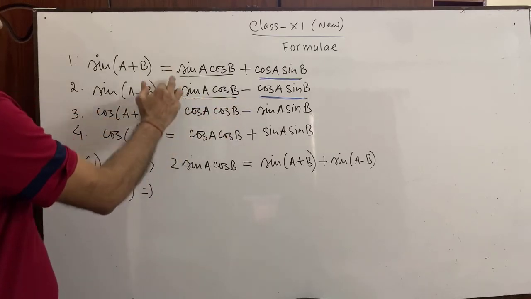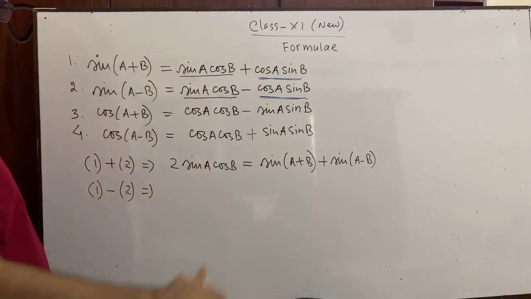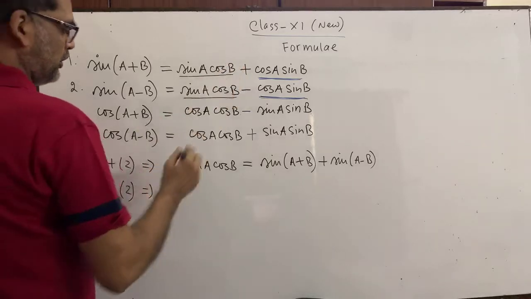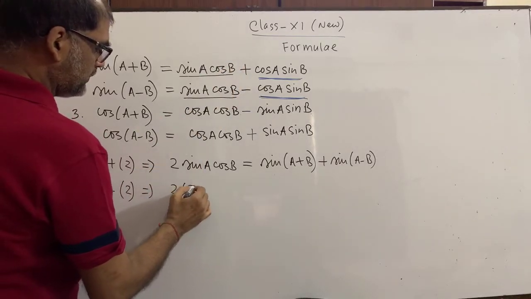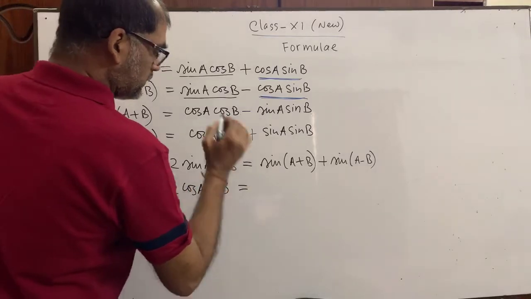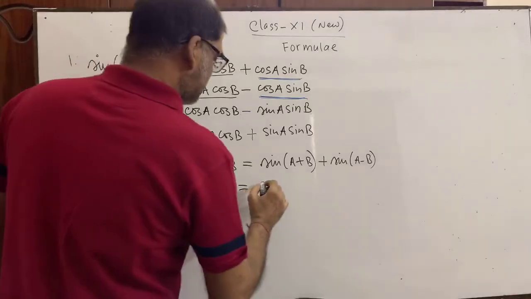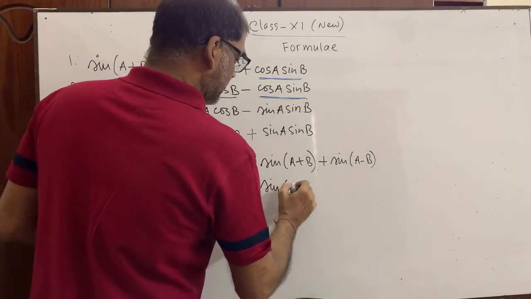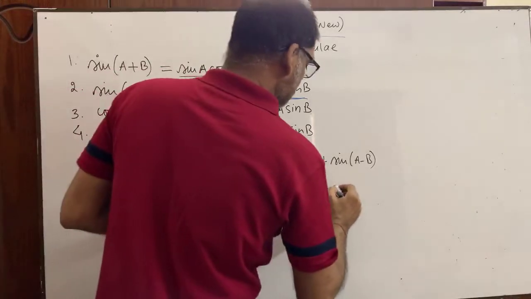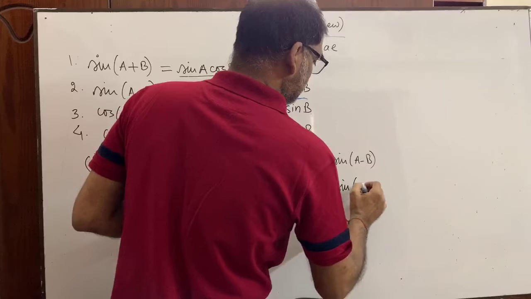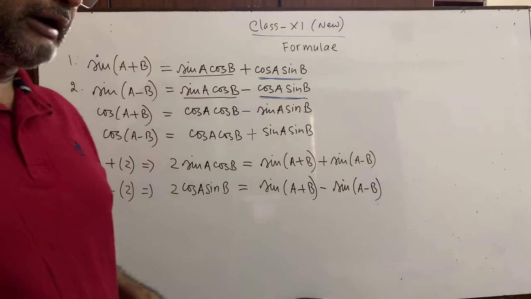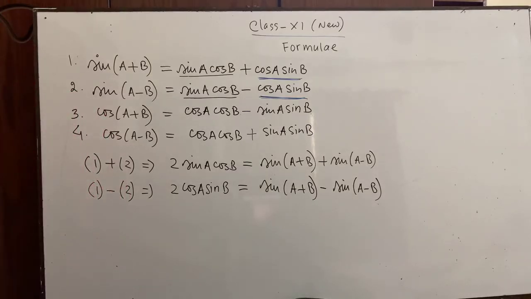This positive and this negative will be cancelled. So we will be left with 2 cos A sin B. Write down 2 cos A sin B is equal to sin of A plus B minus sin of A minus B. I think you have come to know how we have got the formula.